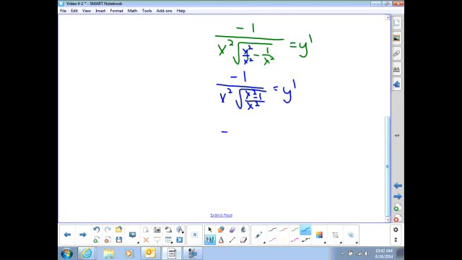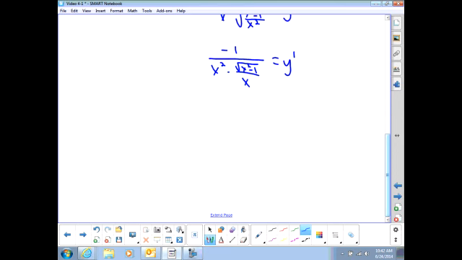Well, this means we have negative 1 over x squared times square root of x squared minus 1 over square root of x squared, which is just x. And one final step to make it match what we had on our previous slide. We have an x squared and an x that can cancel, so it'll give us negative 1 over x times square root of x squared minus 1. And that matches up with what we wrote for the derivative of inverse cosecant on the previous slide.